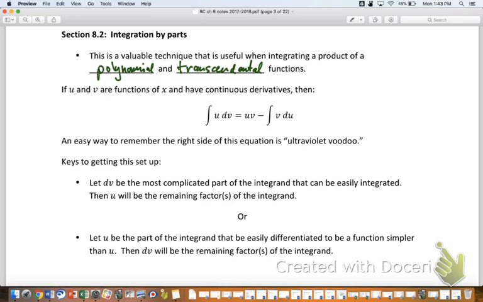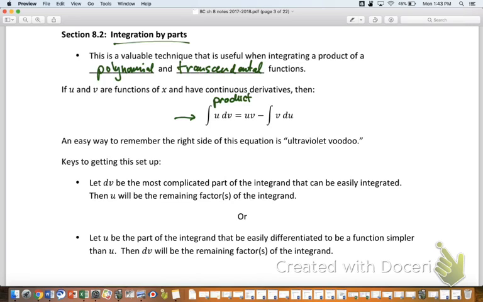All right, so here is what we call integration by parts. Here's one of the rules. This is the rule we'll look at here in 8.2. The antiderivative of u times dv, so hopefully you can see this as a product where u is one factor, dv is the other factor. That's equal to uv minus the integral of v du.